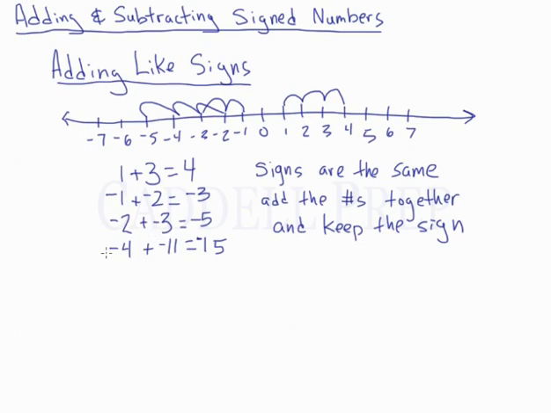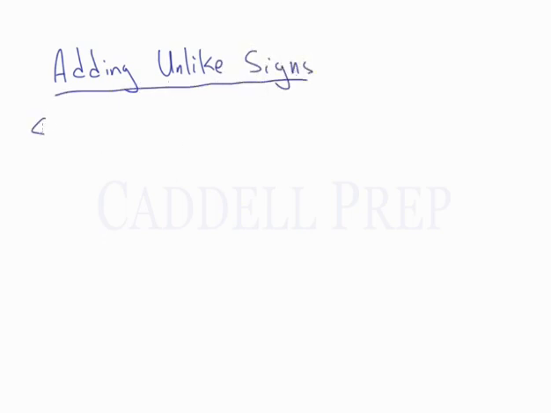Okay, now let's go over adding unlike signs. So adding unlike signs. Again, I'll draw a number line.